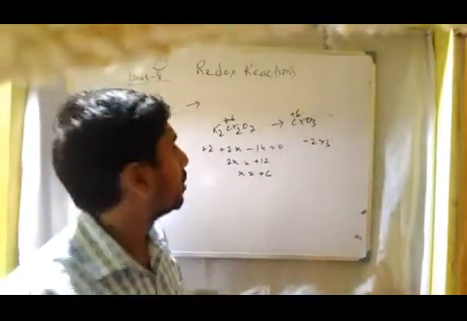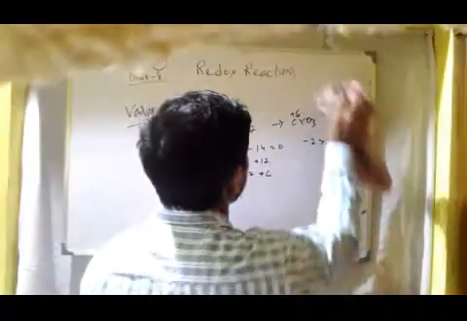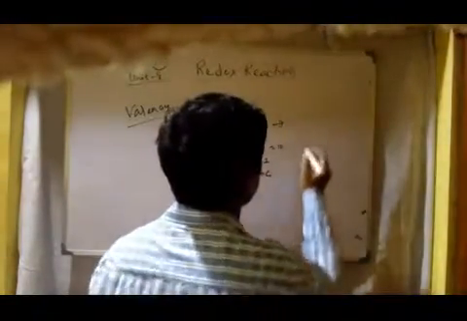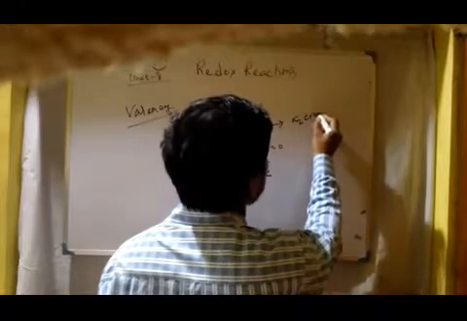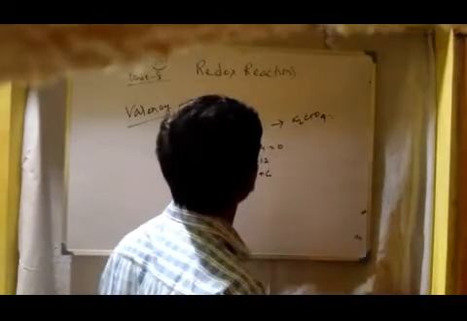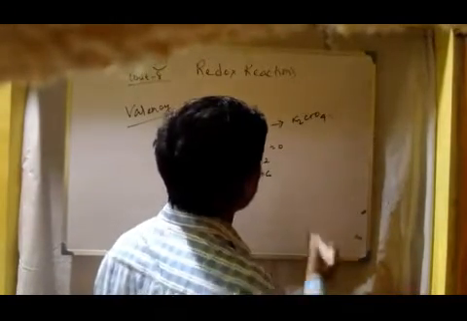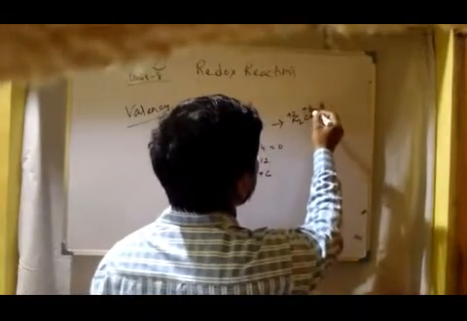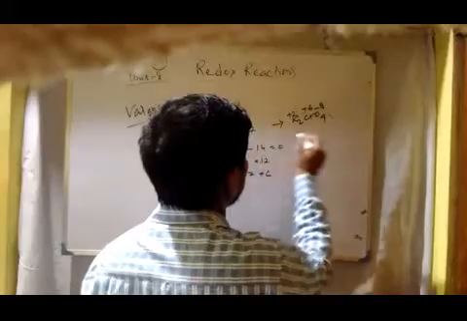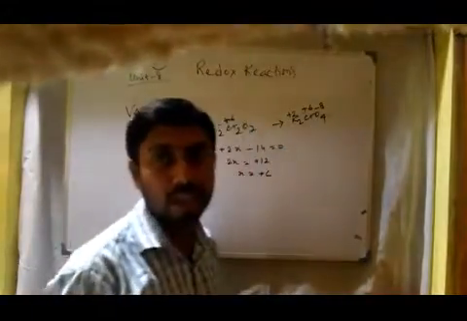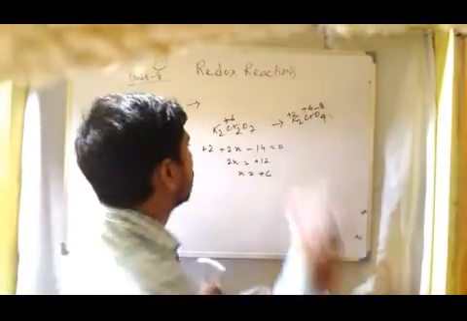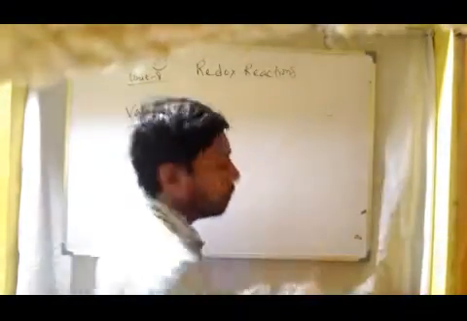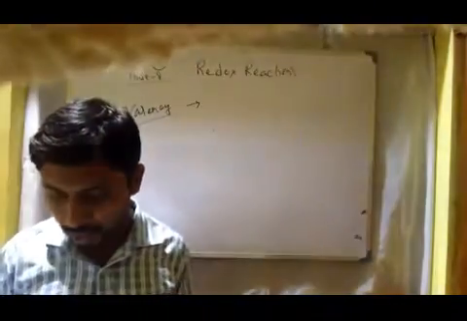Just assume K2CrO4. Here +2, here -8, so chromium is +6. So in that case also there is no change in the oxidation state. When a specific example comes, it will be clear to you.